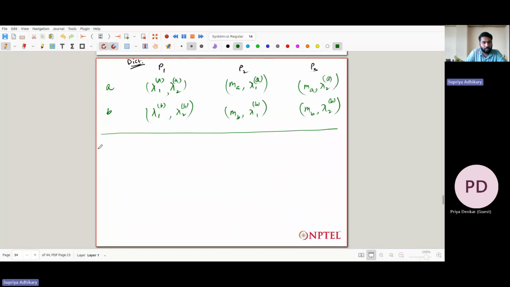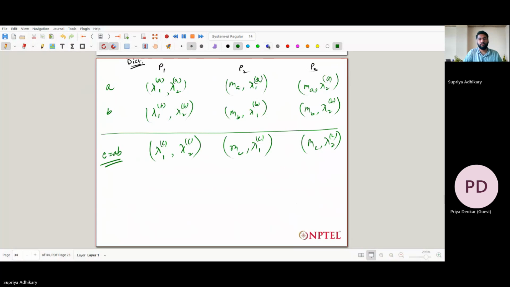Now we want to generate a share for C equals AB, such that P1 would hold some lambda 1, lambda 2 corresponding to C. Now this MC is basically nothing but AB plus lambda 1C plus lambda 2C.